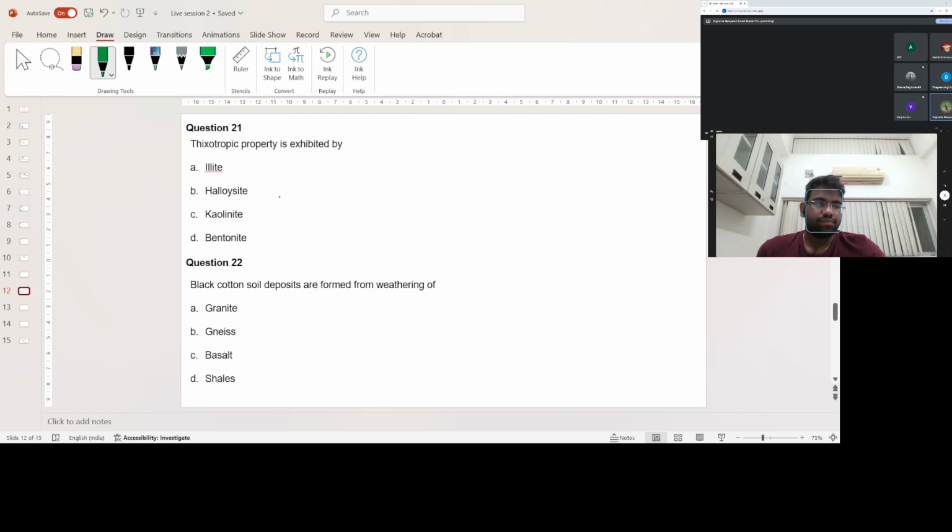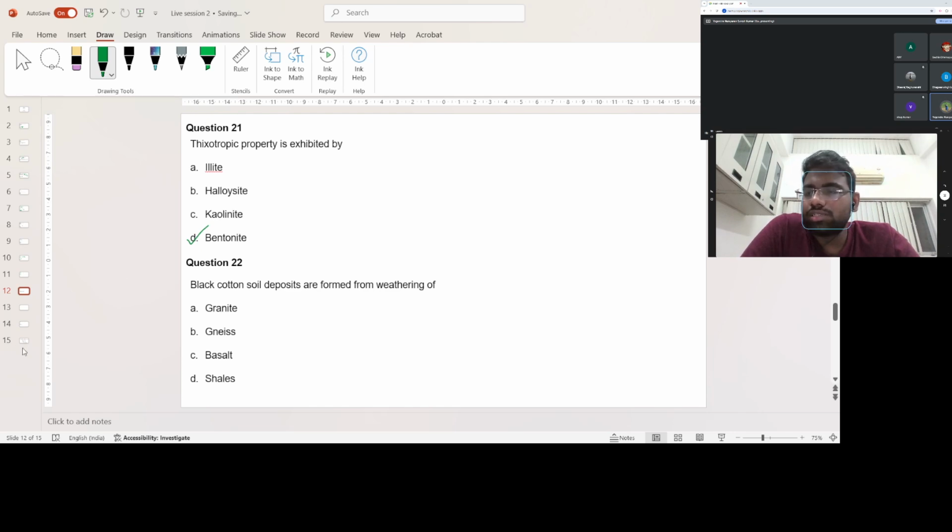D, bentonite. Although all are clay minerals, bentonite especially exhibits thixotropic property.